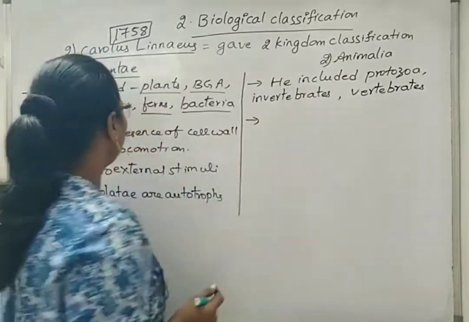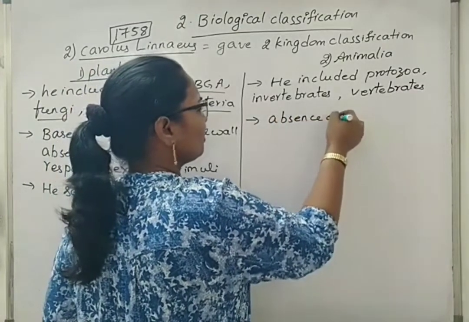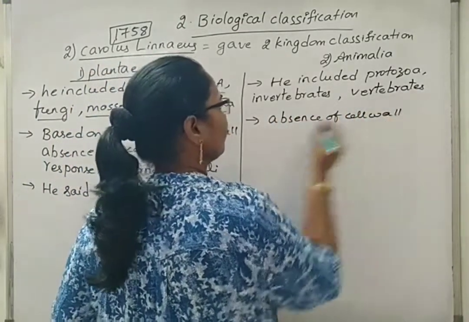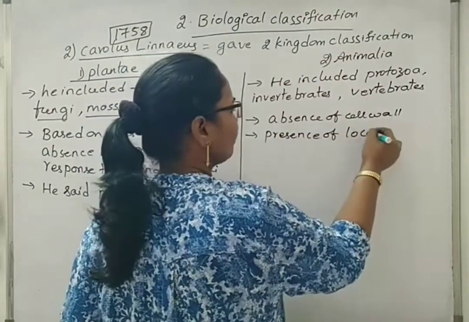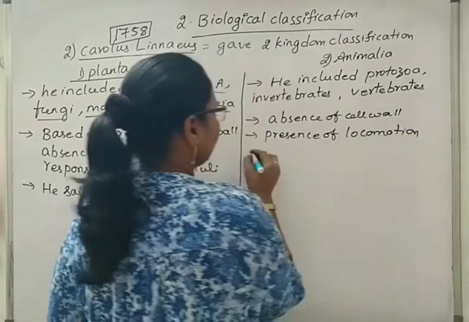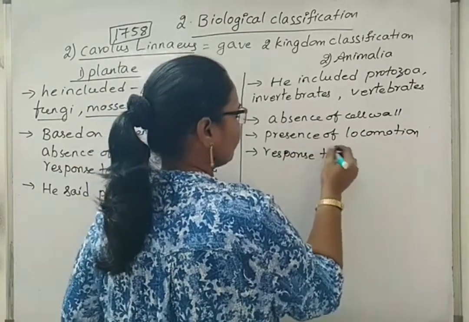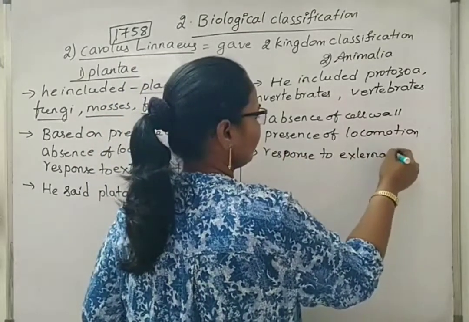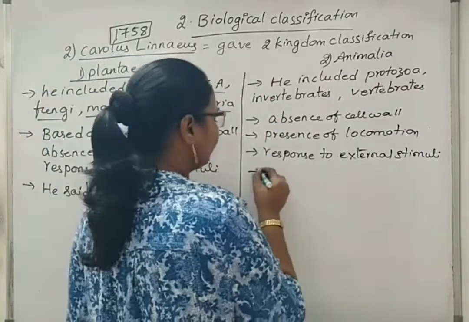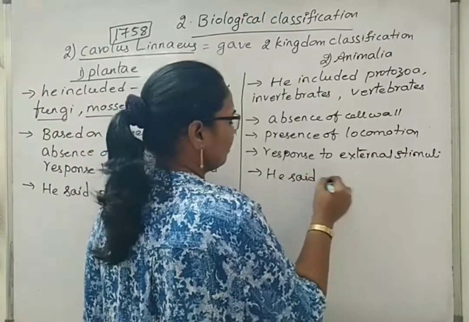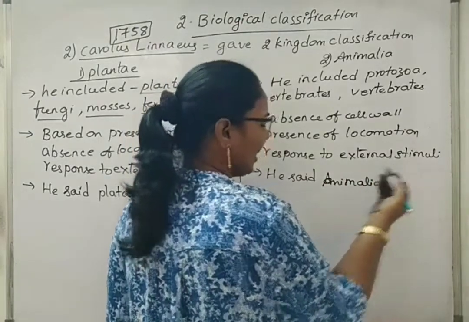Under animals, he considered some points like absence of cell wall, next, presence of locomotion, next, response to external stimuli. He said Animalia are heterotrophs.